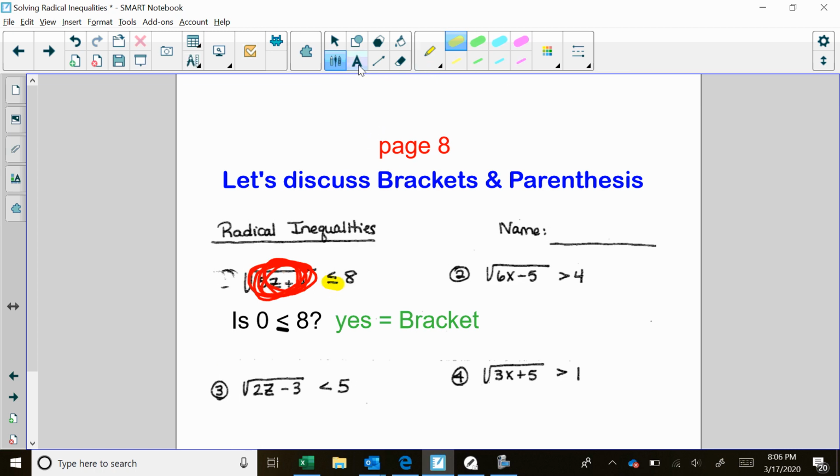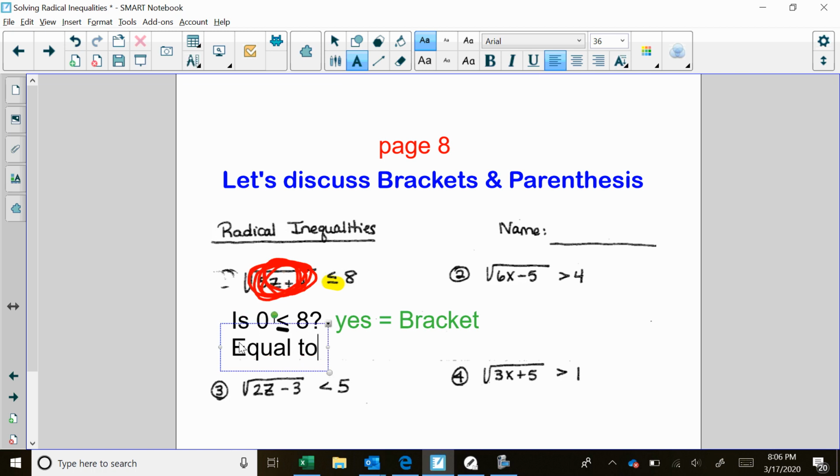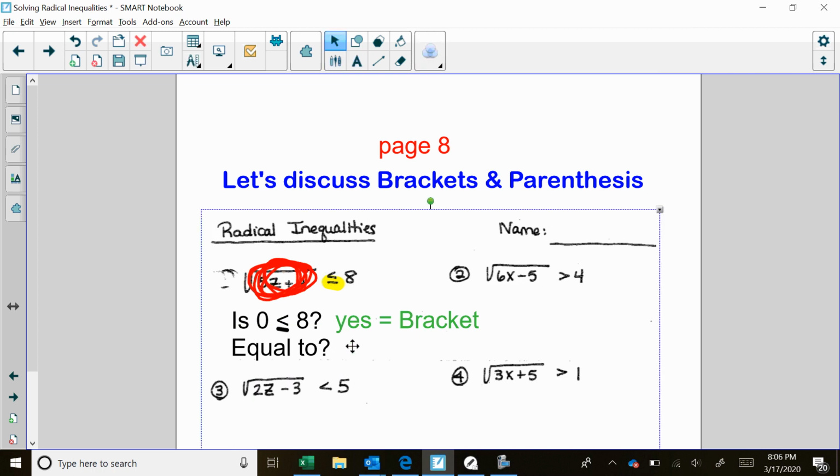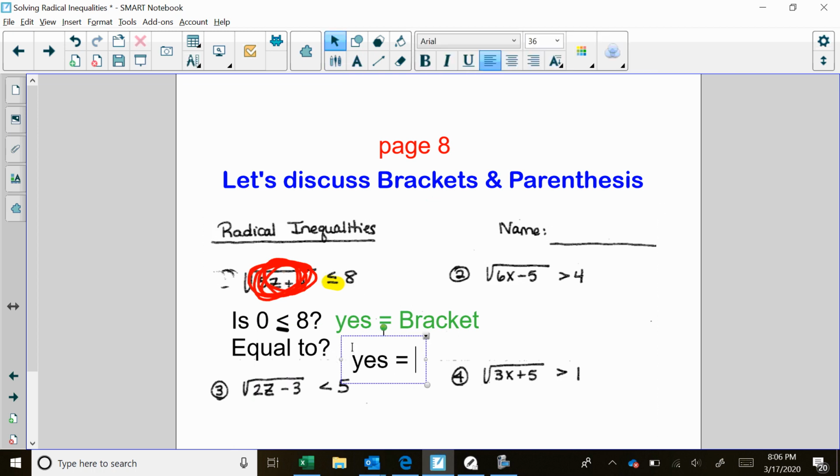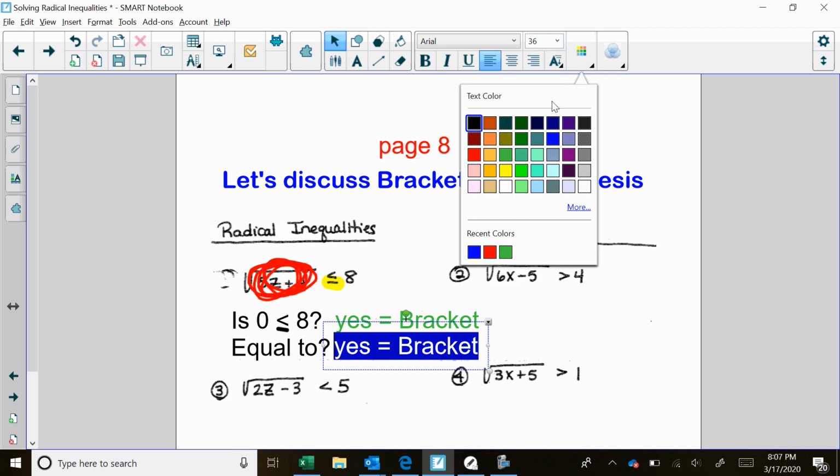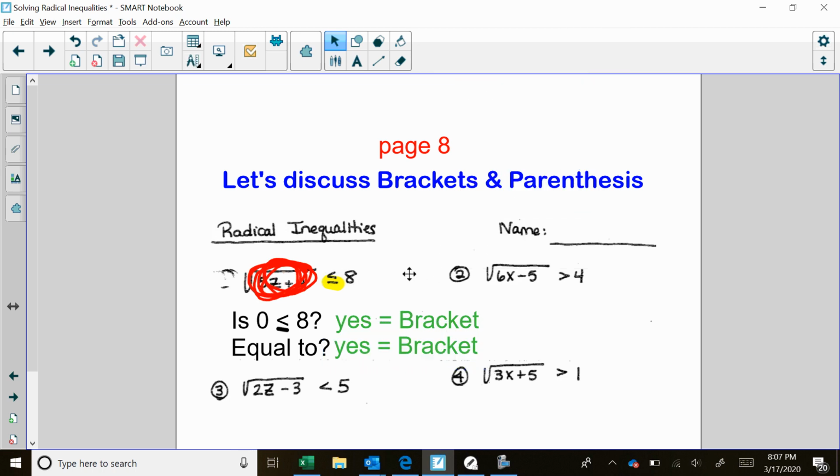Well, yes, it is. We get another yes. So we get another bracket. So for this problem, number 1, both critical points would be brackets.